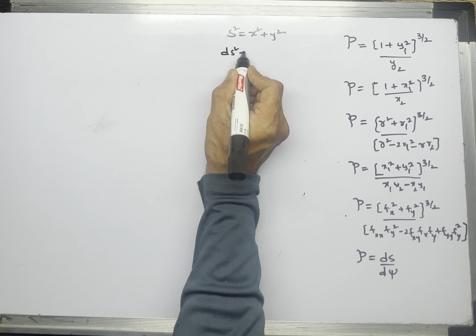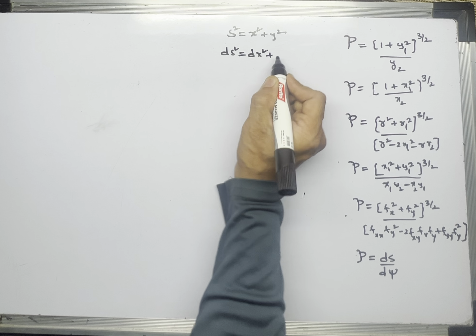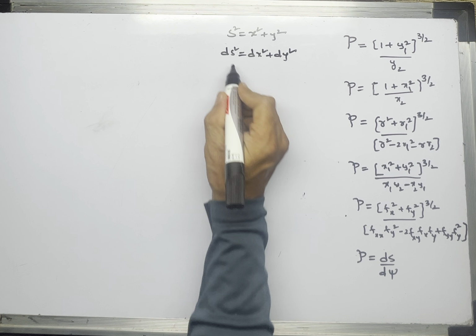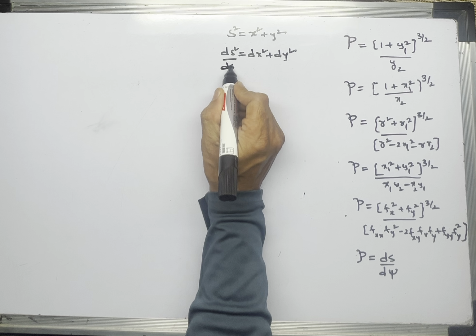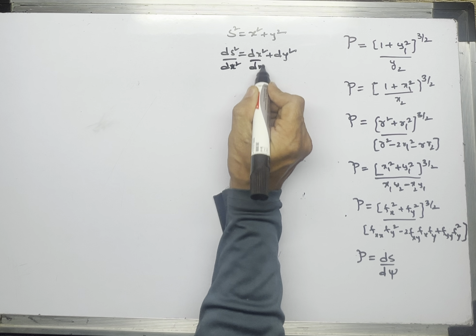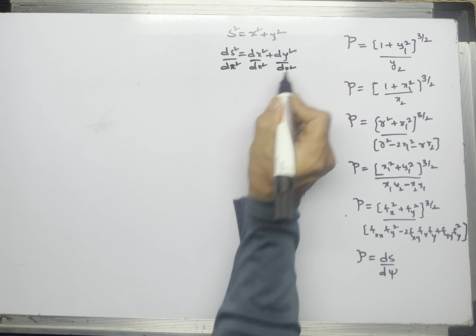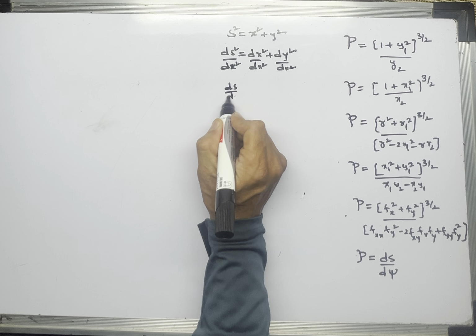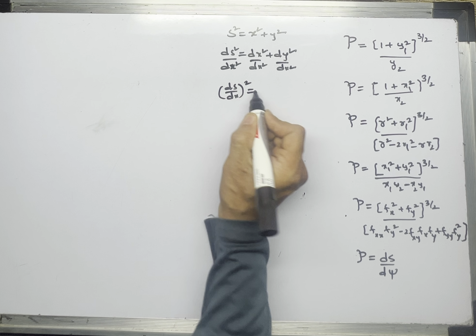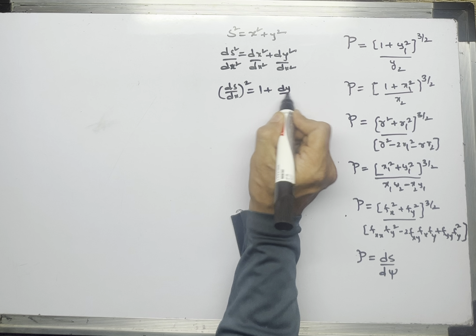If we apply derivative to all those three terms, and divide this by dx square, this becomes ds by dx whole square equals 1 plus dy by dx whole square.